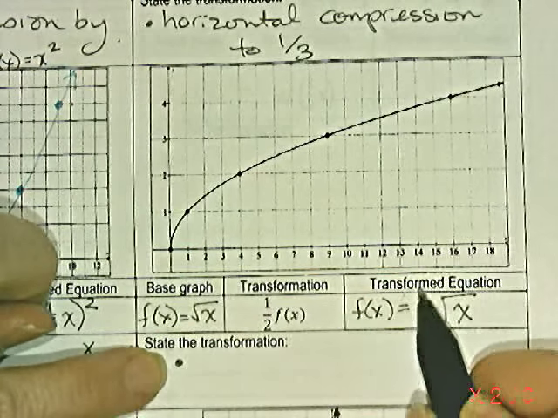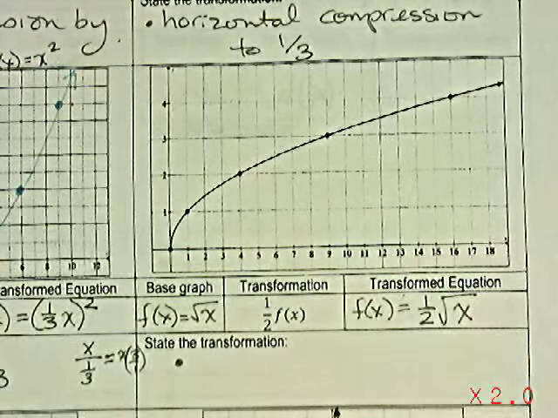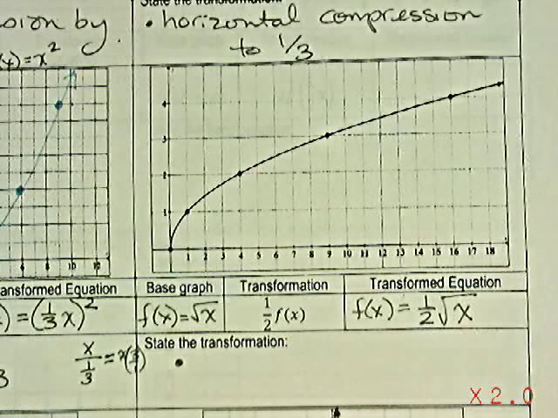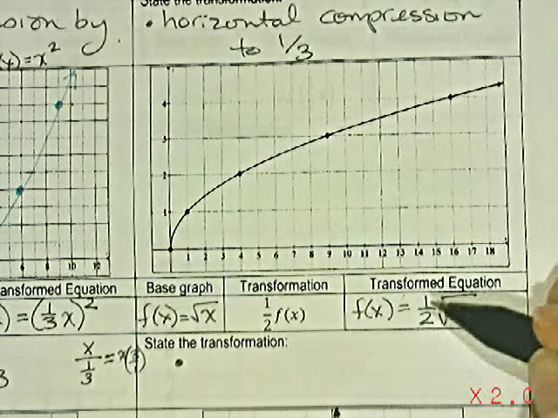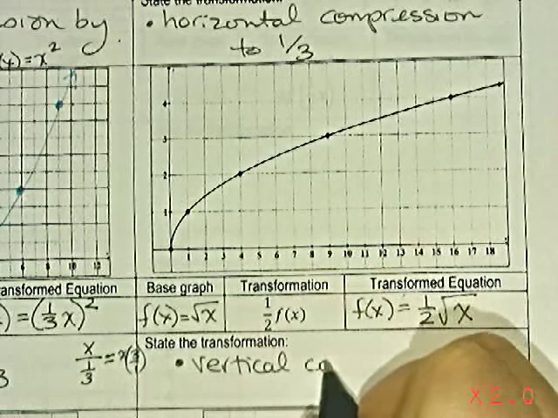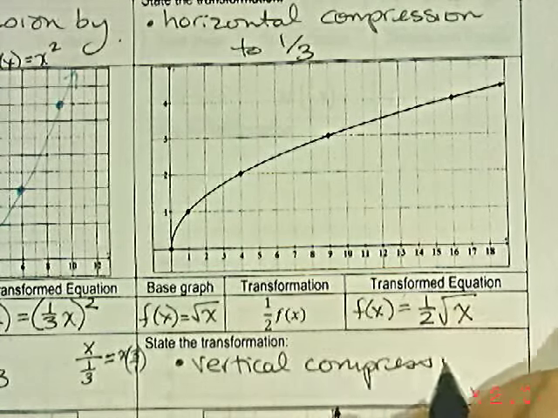Well, I know that a multiplication factor outside my function is a vertical effect. It's an a value, and the vertical coordinate is affected, so my y's will change. That's a vertical, and the a value of a half behaves. You would think it should go to a half, and it does. So we get a vertical compression to a half of what it was.